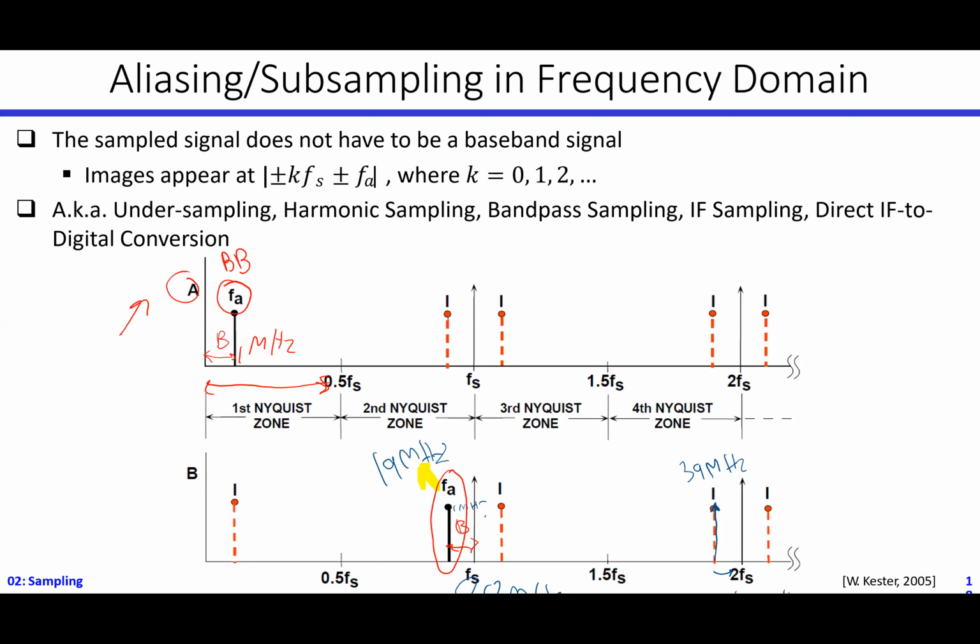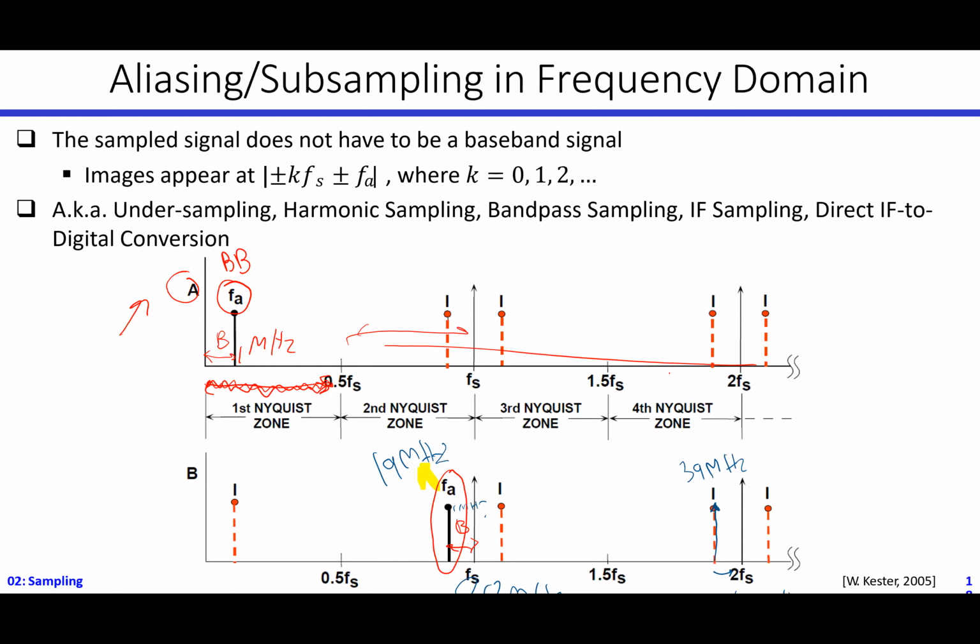Yes, you will only be able to reconstruct the original signal if it was lying within the first Nyquist zone, I'm pointing with my finger. If it was beyond this range and you are sampling with FS, you will not be able to reconstruct the original signal.